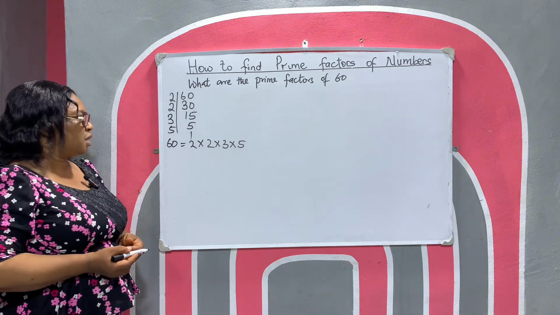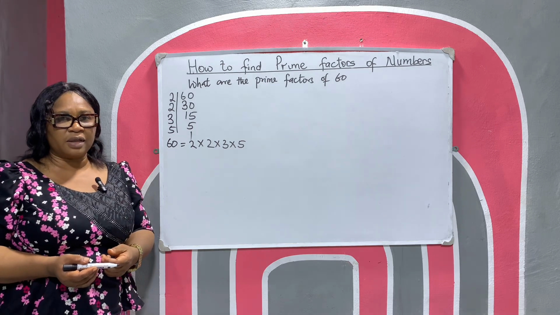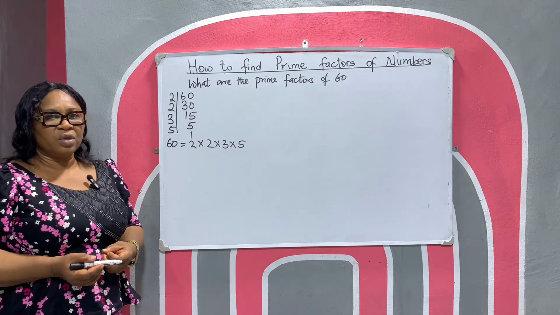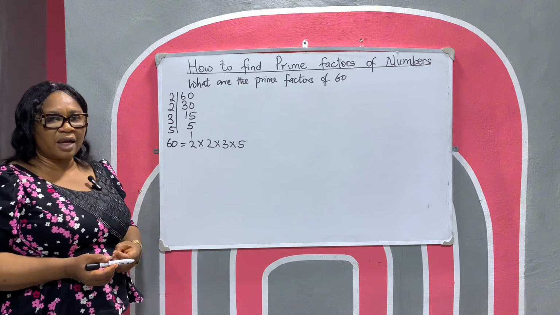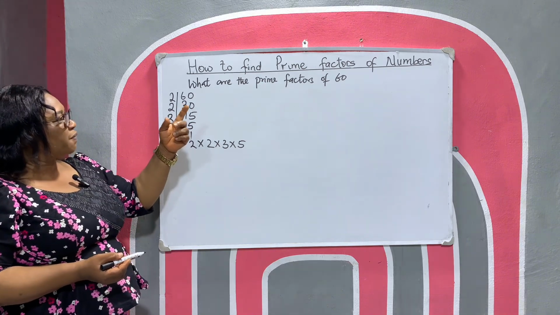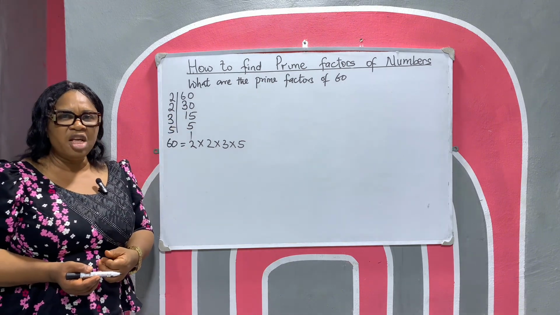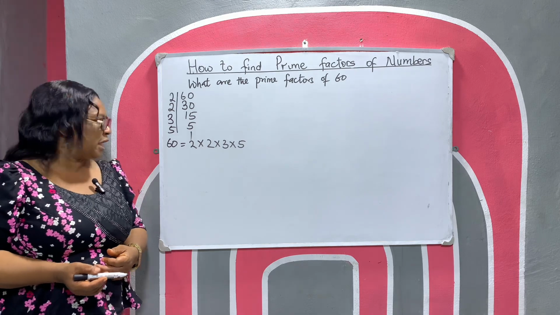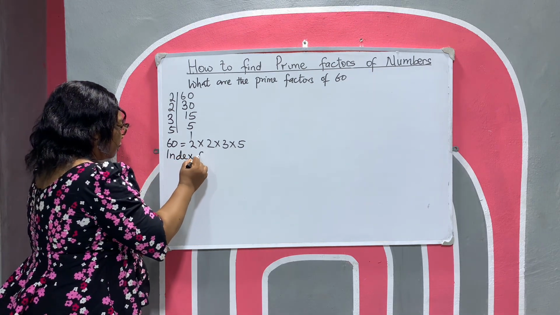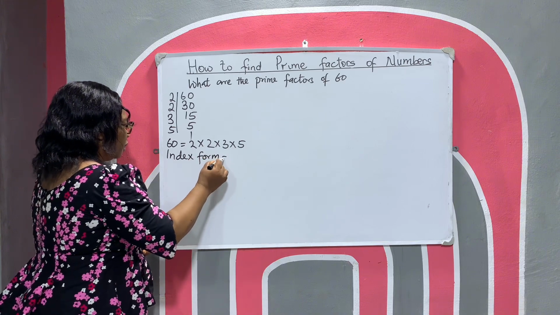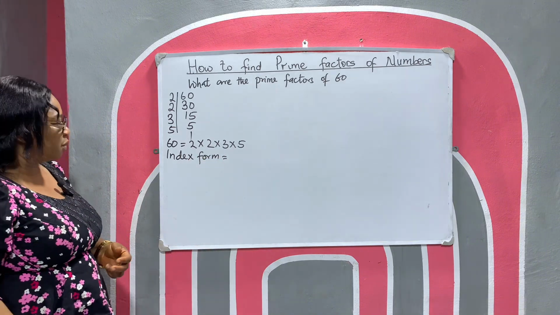I want to explain this so much in case you get to a class and your teacher is teaching, or you see it somewhere and you don't understand very well what they're writing. In case they ask you, find the prime factors of 60 and leave your answer in index form. Watch it.